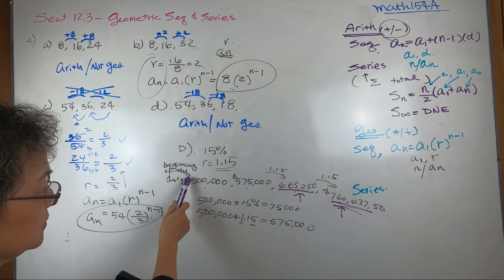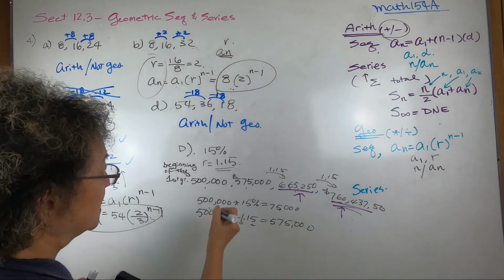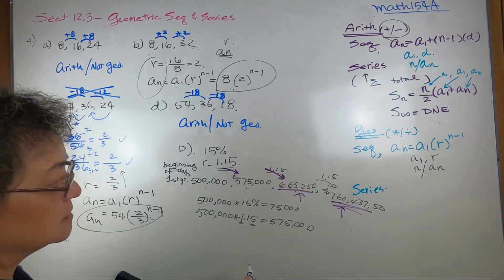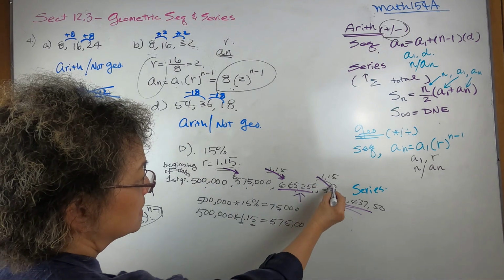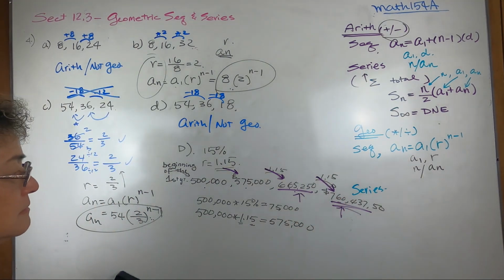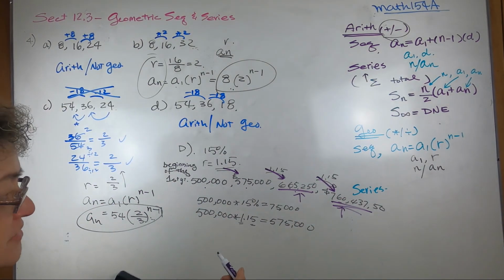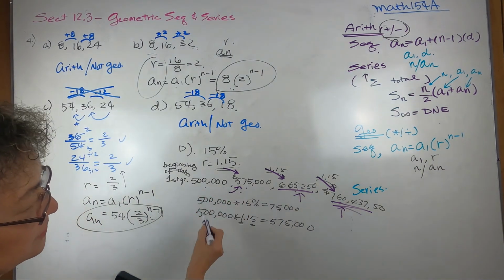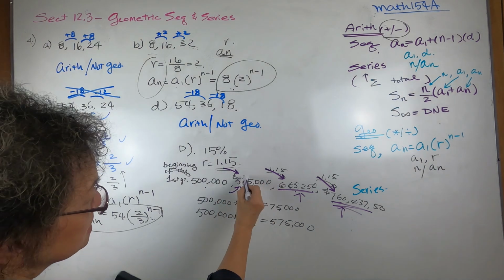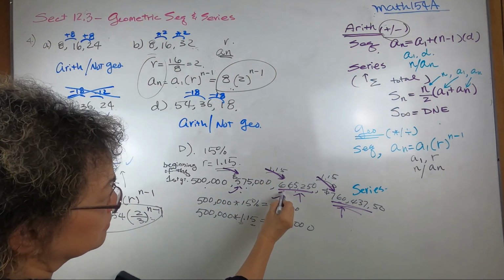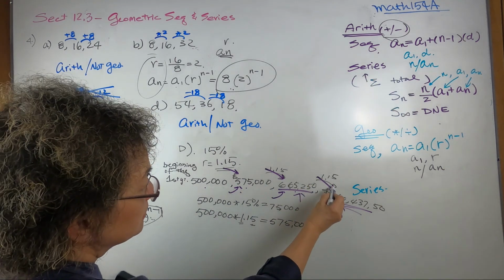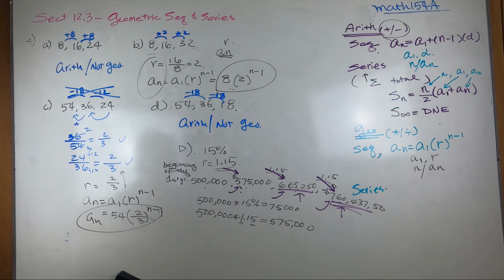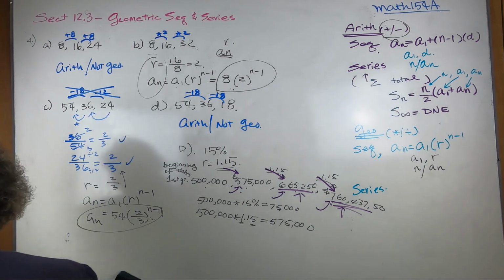This is the beginning of the 1st year, beginning of 2nd year, beginning of 3rd year, beginning of 4th year. But which one is the end of the 2nd year? This one is the end of the 2nd year, beginning of the 1st year. Then the end of the 2nd year is the beginning of the 3rd year. End of 3rd year is what? Beginning of the 4th year, right?